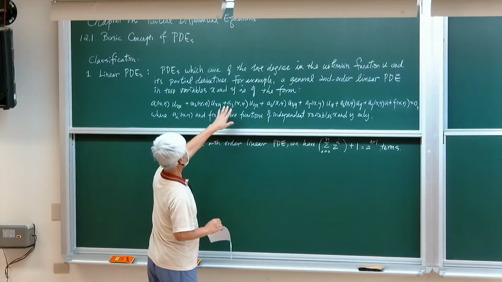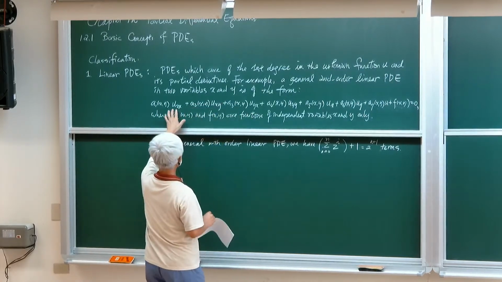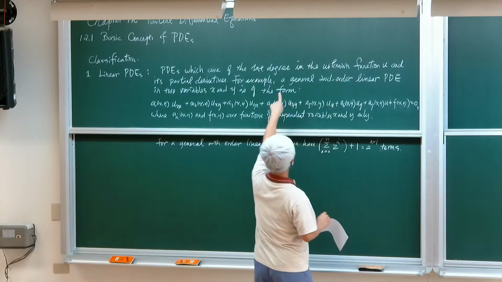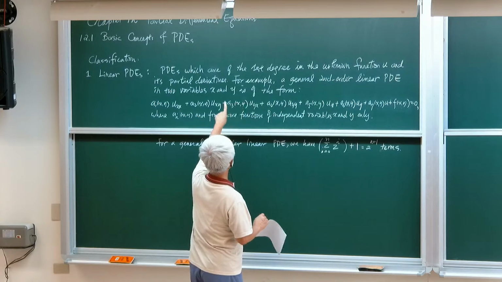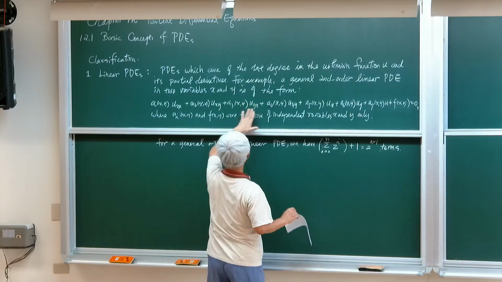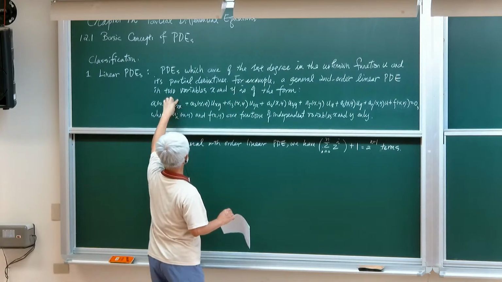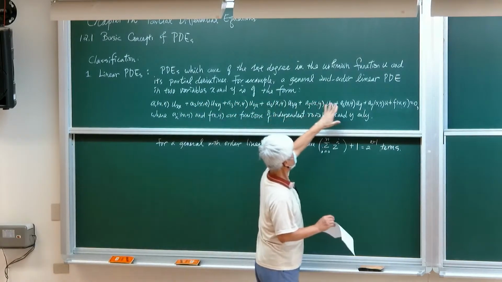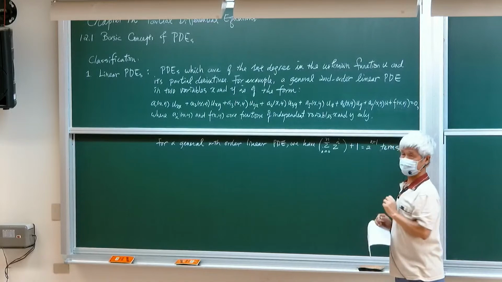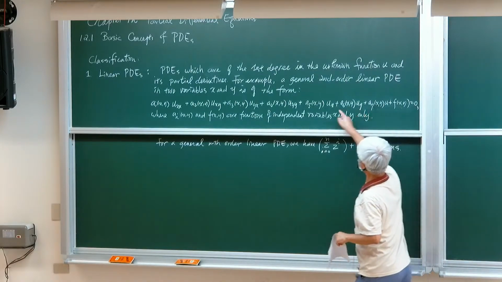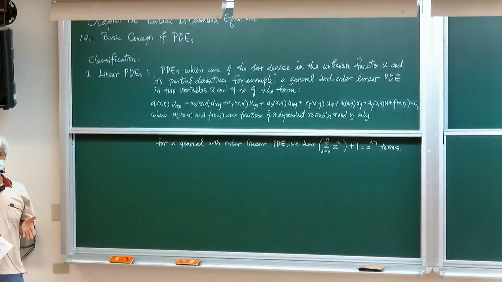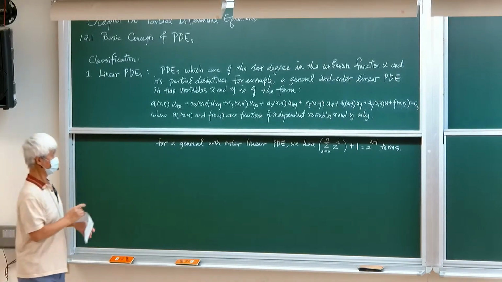All right, so you can see each partial derivative appears in the first degree, right? So u_xy is in the first degree, everything is in first degree. But the coefficients are functions of independent variables. Okay?